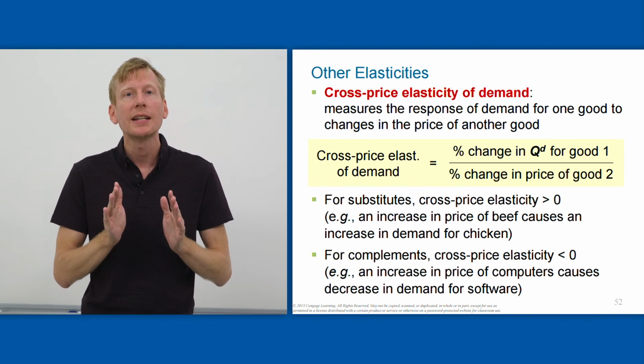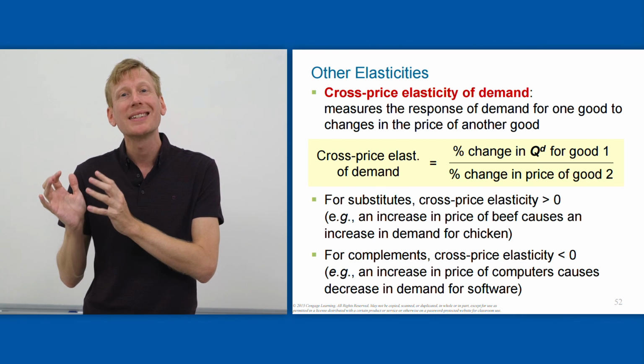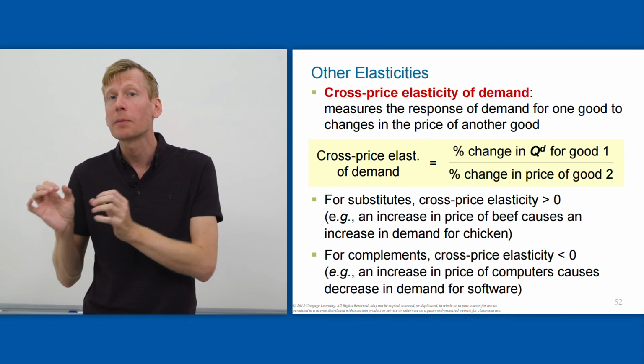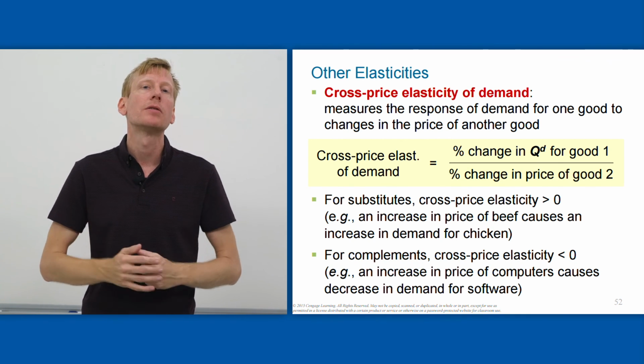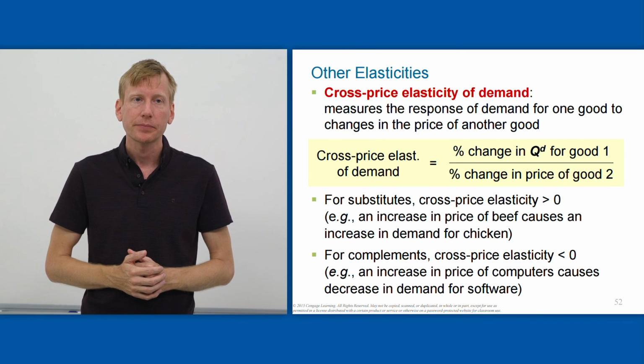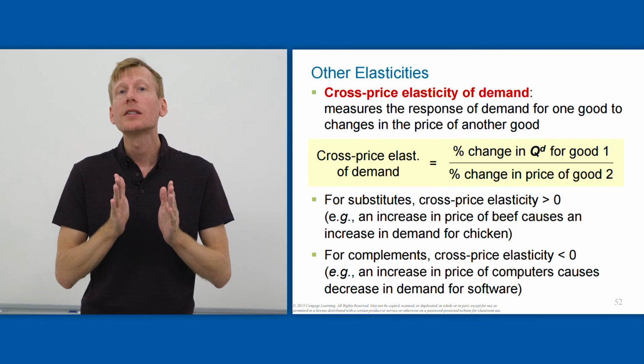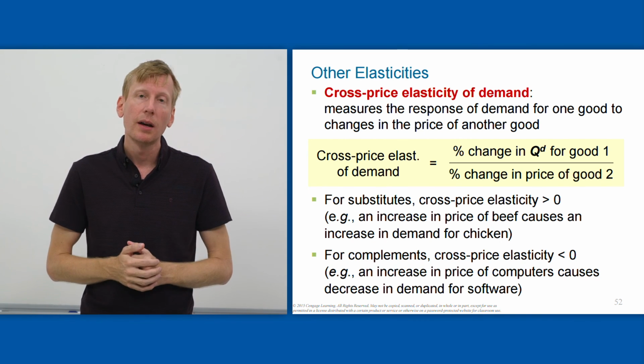So the own price elasticity and the cross-price elasticity would have the same sign, both negative if these goods are complements.